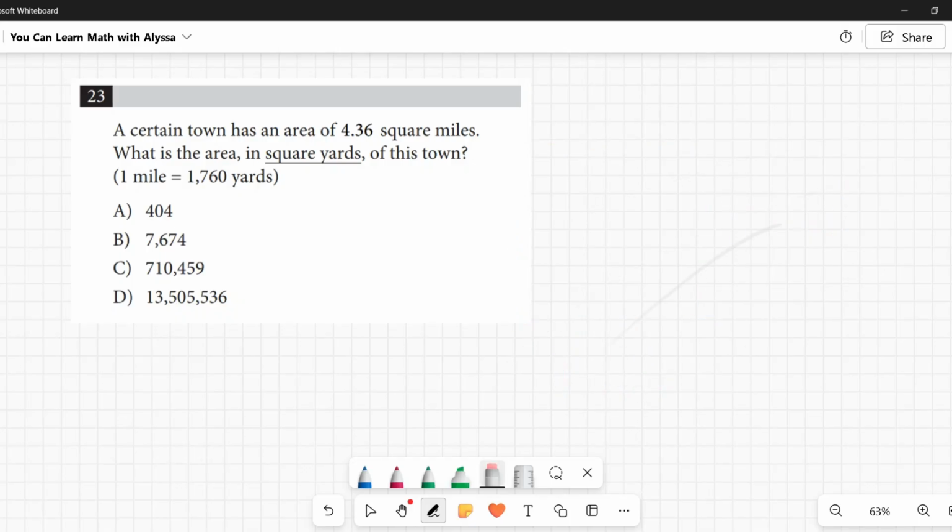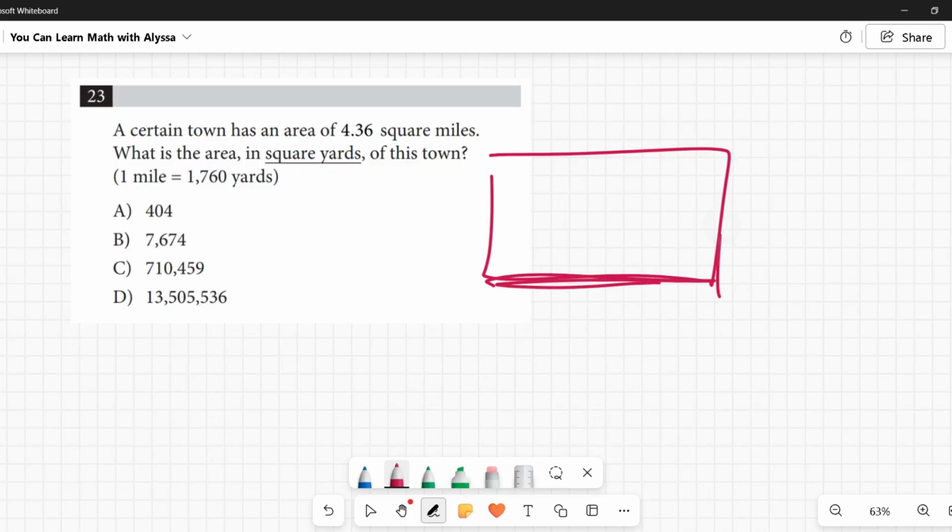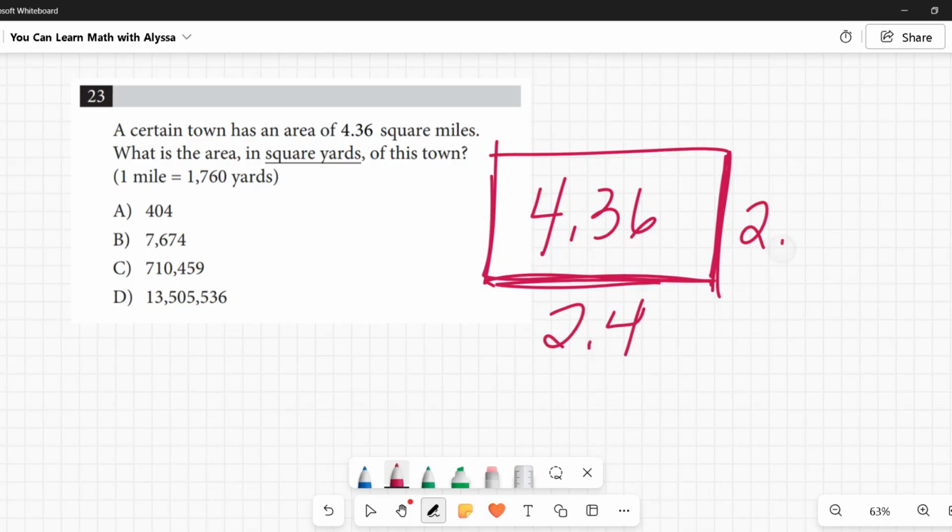It means we have a space, and then when you multiply the two sides of this space together, you get 4.36 square miles. So like, let's say it could be 2.4 and 2.9. Multiply those together, you get 4.36. That would be 4.36 square miles.